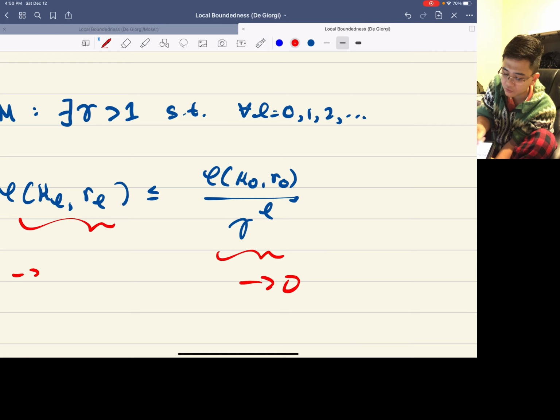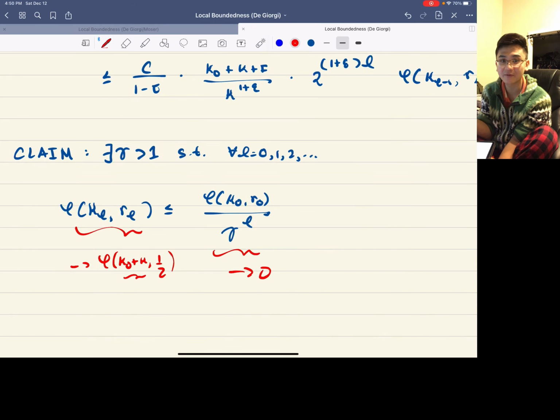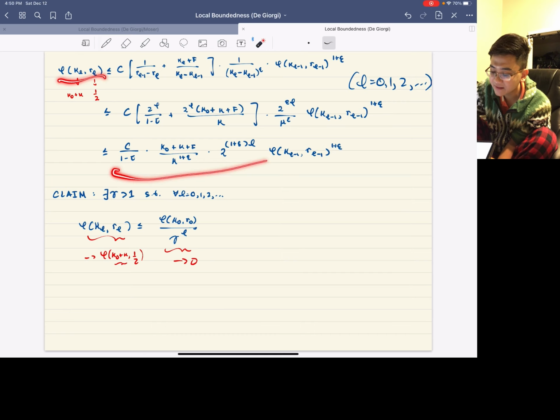This would go to phi of K0 plus K, 1/2. So this is the K that you're looking for. Okay, so how do we prove this? So again, we started with something like this.